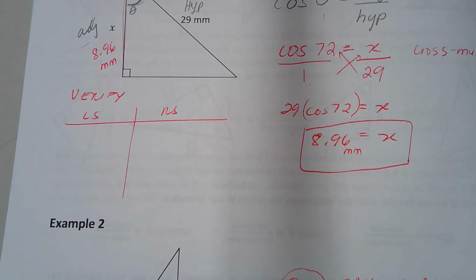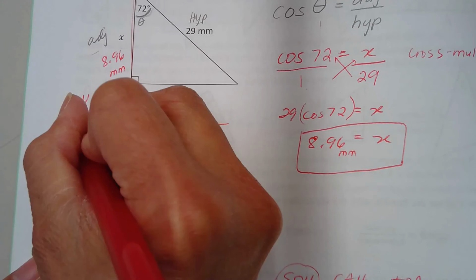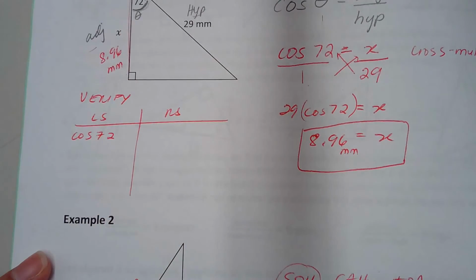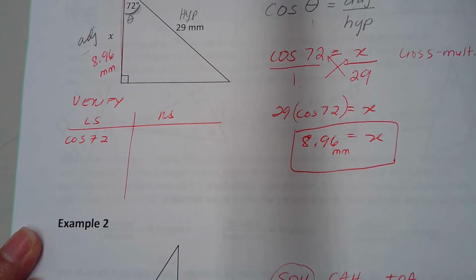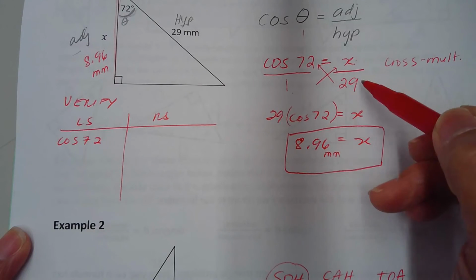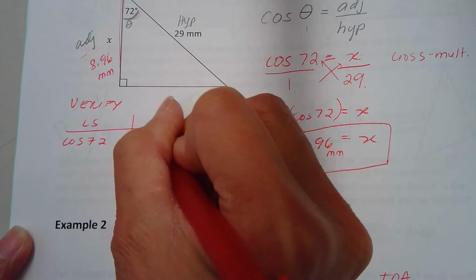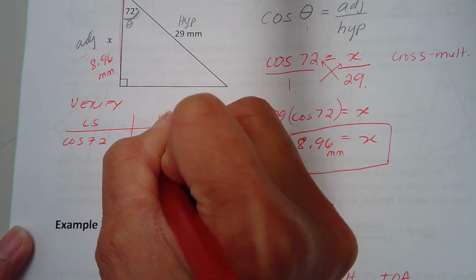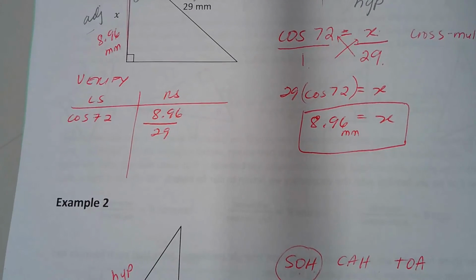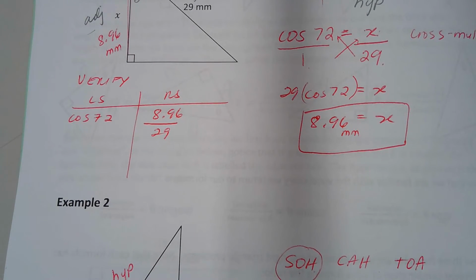Left side and right side. What's on the left side? Cos 72. What's on the right side? It's x divided by 29. And what's x? 8.96 divided by 29.